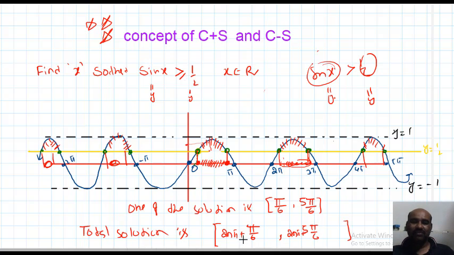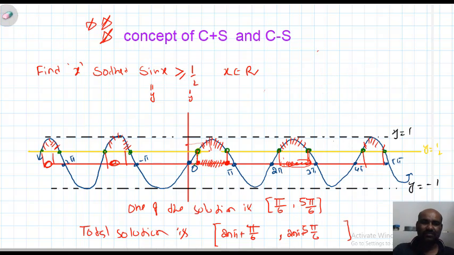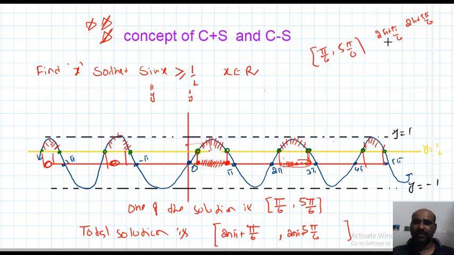Observe, if you take n = 0, what will you get? You get the interval [π/6, 5π/6]. You take n = 1, what will you get? This interval, 2π + π/6 comma 2π + 5π/6. Okay, students, understood? If n is substituted as 0, you get this solution.